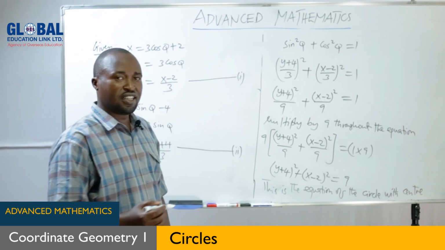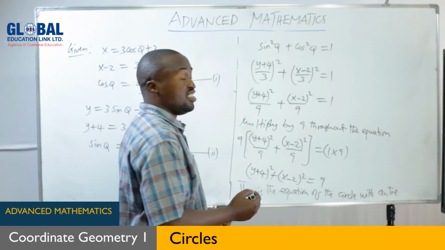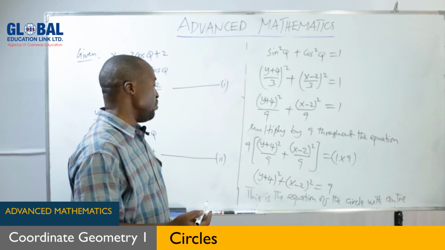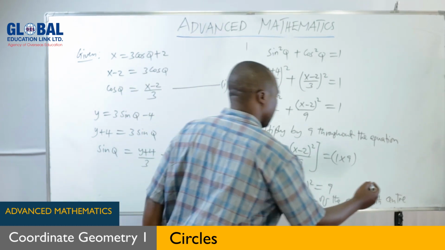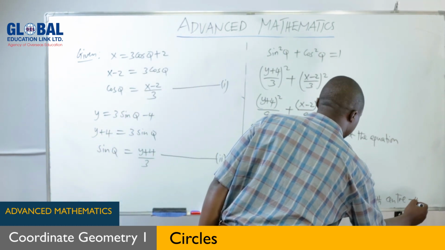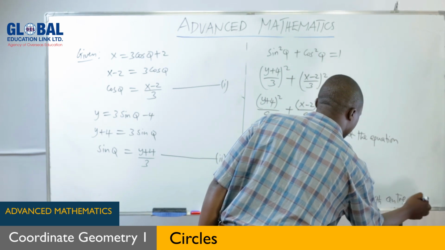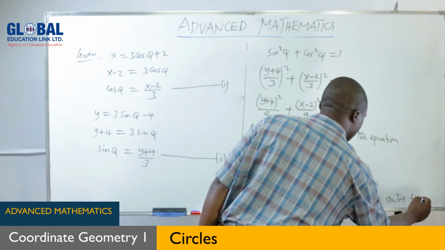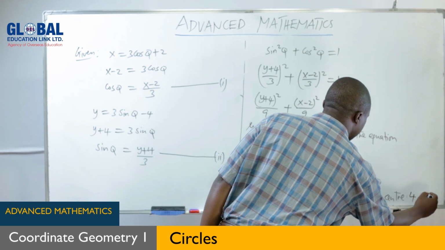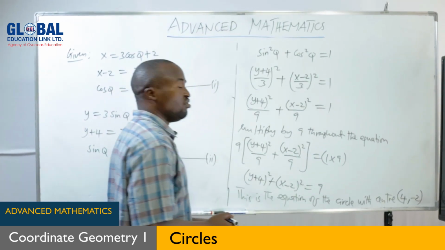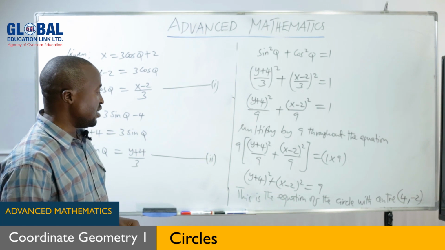So this time the center, remember the center is a, comma b. So here we are going to have negative 4, we are going to have 4, comma, negative 2. That will be the center of our circle.